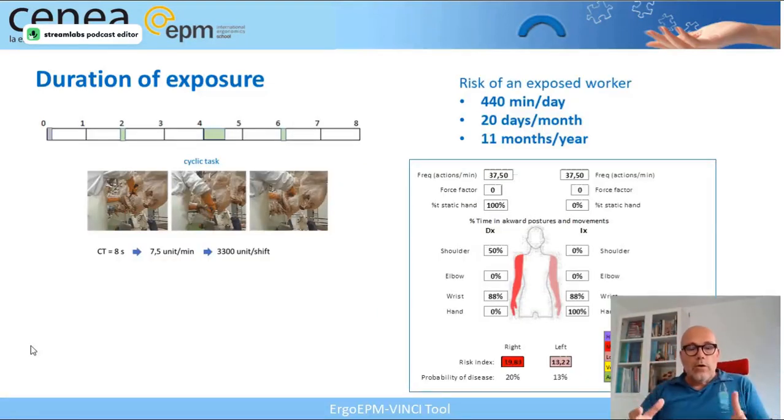Good. With this information we can assess the risk level of the person that we have here, with a medium significant risk in the right upper extremity and a low significant risk level in the left upper extremity.